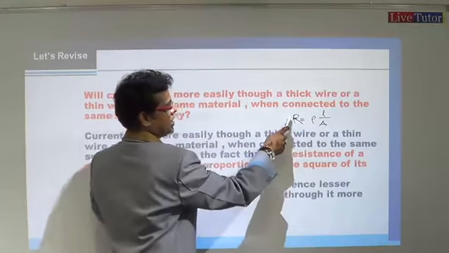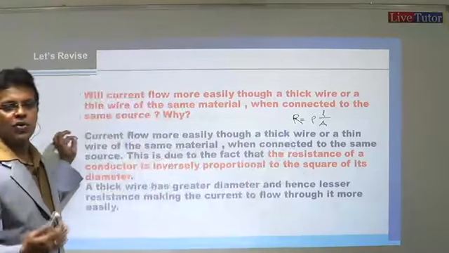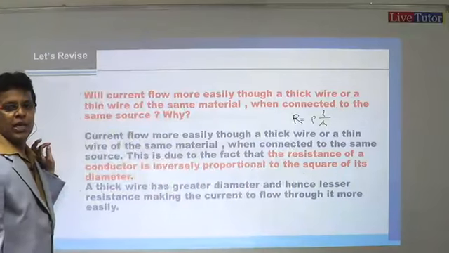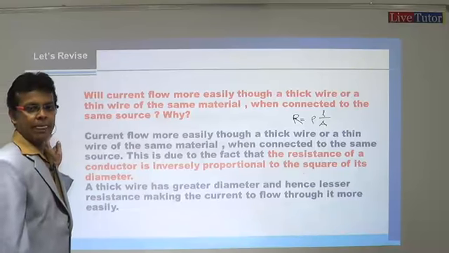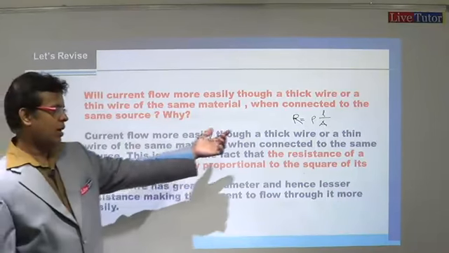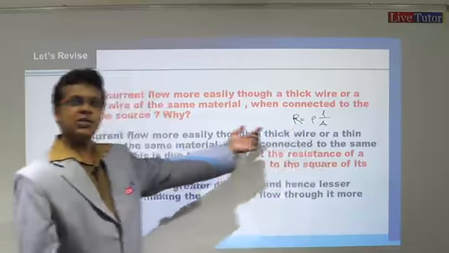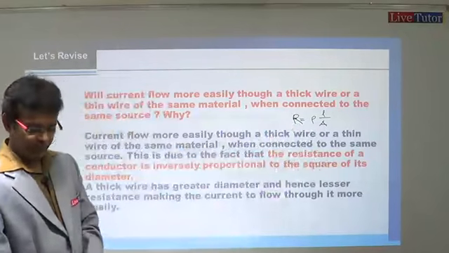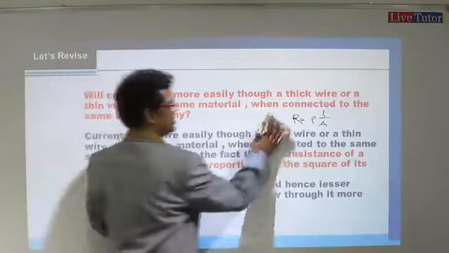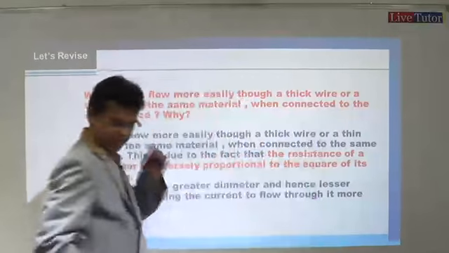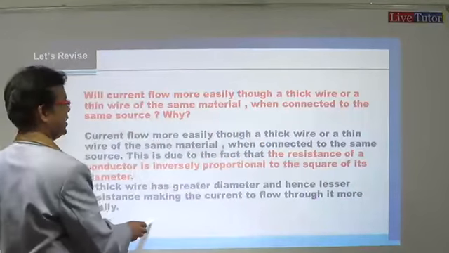That means the resistance is lesser, so that it will allow more current to flow through easily we can say. Okay. So always if formula is available, using the formula you can explain easily. Okay. This is how we have to arrive to the solution.